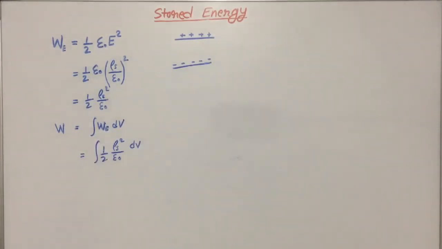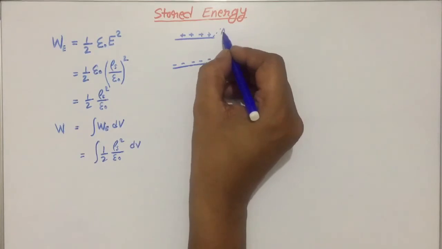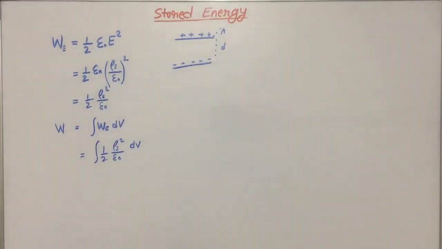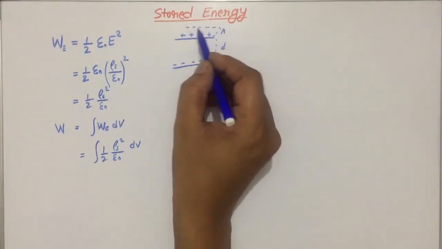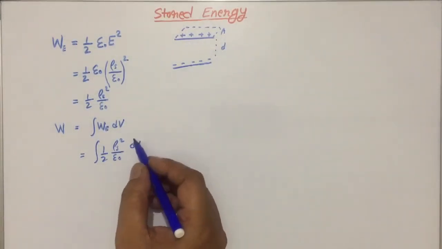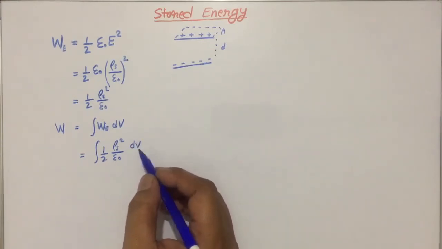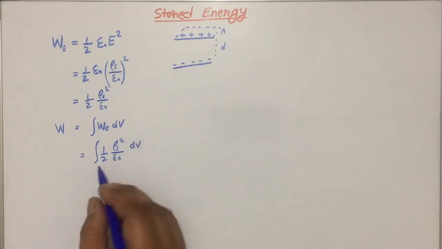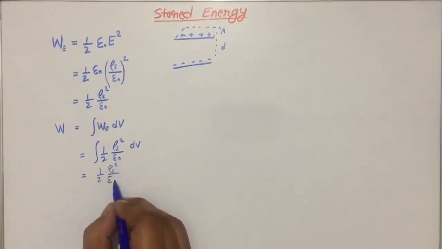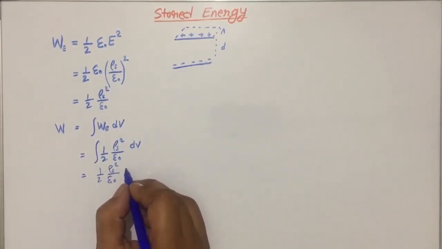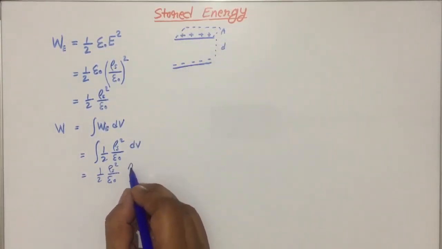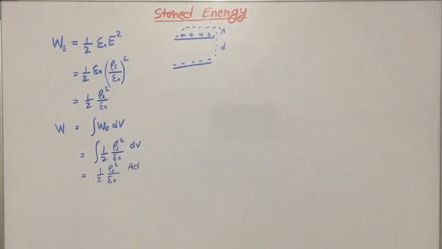If we integrate this, the area of the plate is A and the thickness is D. To find the total volume, we integrate this and it will be half rho s square by epsilon naught times the total volume, that is the surface area times the depth, so A times D.